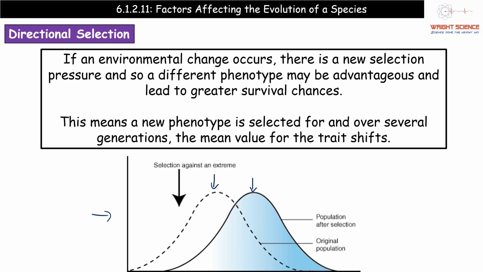So when we're selecting for this new phenotype, remember, it's not an immediate change that we see in the whole population. We are going to see this allele frequency changing over time. So it's directional selection, new selection pressure, different phenotype is advantageous, leads to other organisms that have that phenotype surviving, and over many generations of breeding, that allele type is going to increase in frequency.